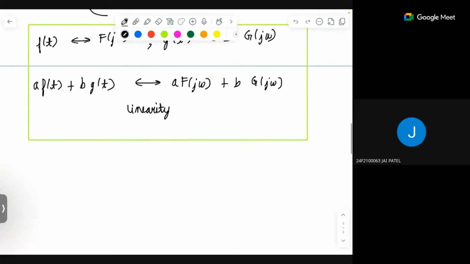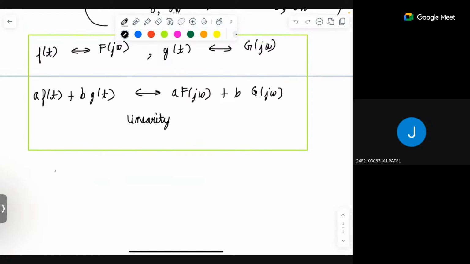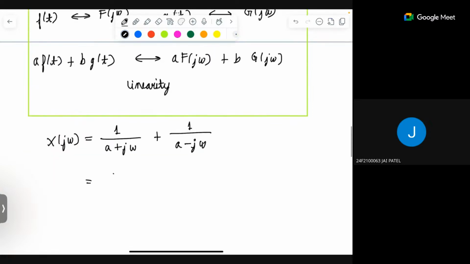All right. So X of j omega: the first one had 1 upon a plus j omega, plus the second one had 1 upon a minus j omega. Now let us simplify this. By cross multiplication we get this in the numerator, and here we have this.